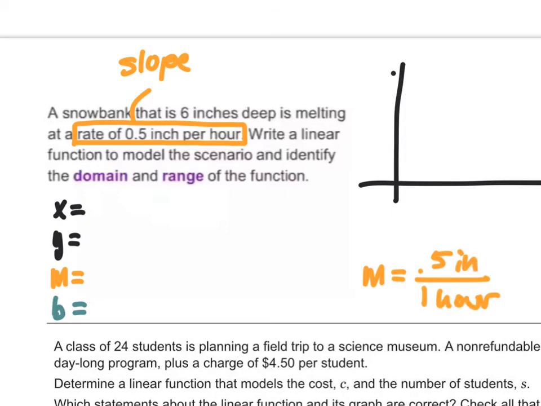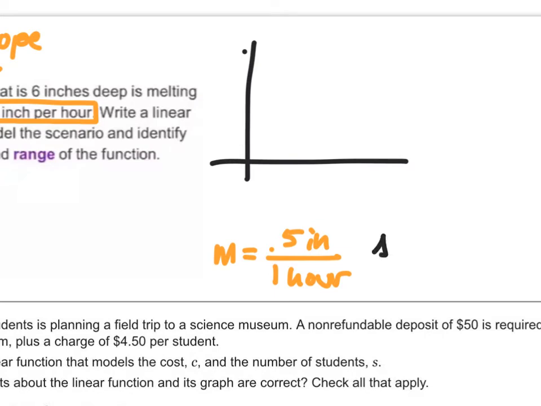And remember, a slope is just a ratio of two things. Your slope is your change in y divided by your change in x. So with that, this gives me an idea of what my y values represent, and this is inches. So this is a y value of inches, and this value, your change in x, represents hours.